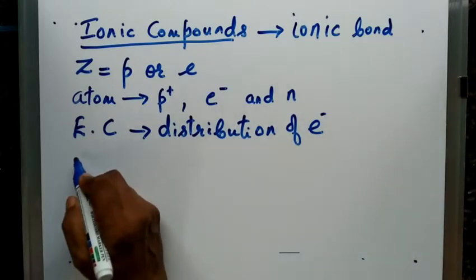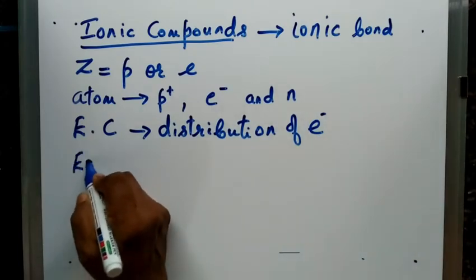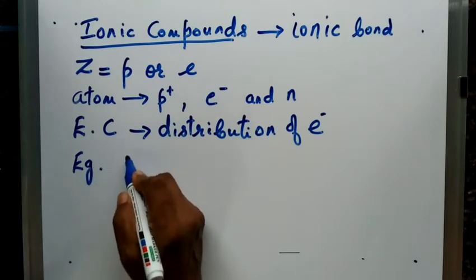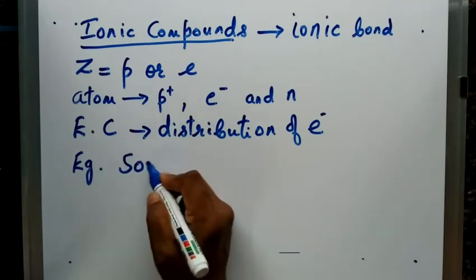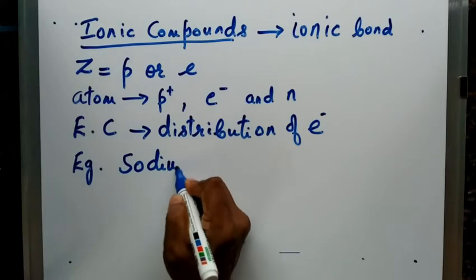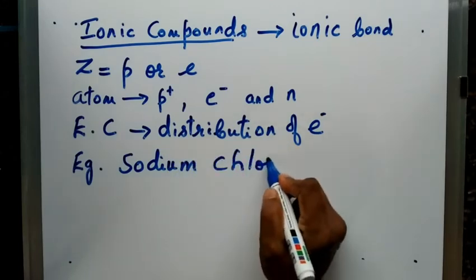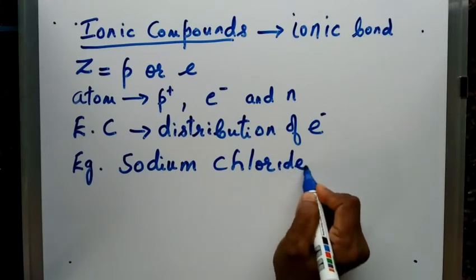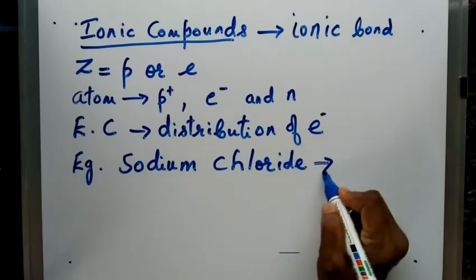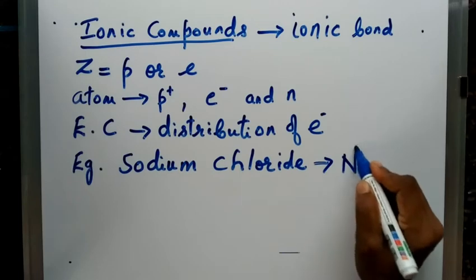Let's take an example to understand what is ionic compound. So let's take sodium chloride. Molecular formula of sodium chloride is NaCl.